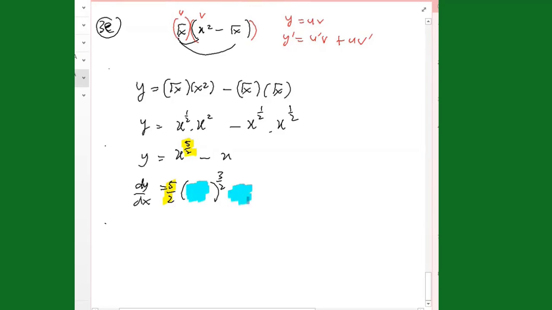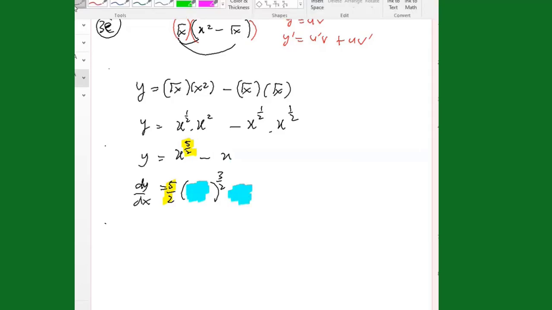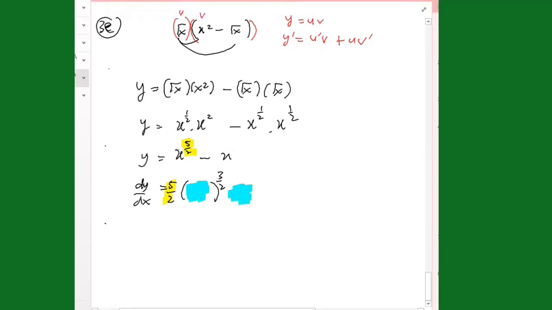After that then differentiate like this. Okay, the next step, differentiate like that. Okay, minus this 1. So simplify, x power 3/2 minus 1. Okay, check.